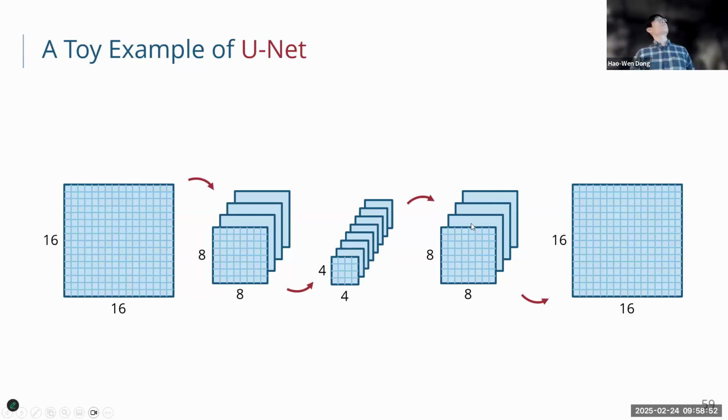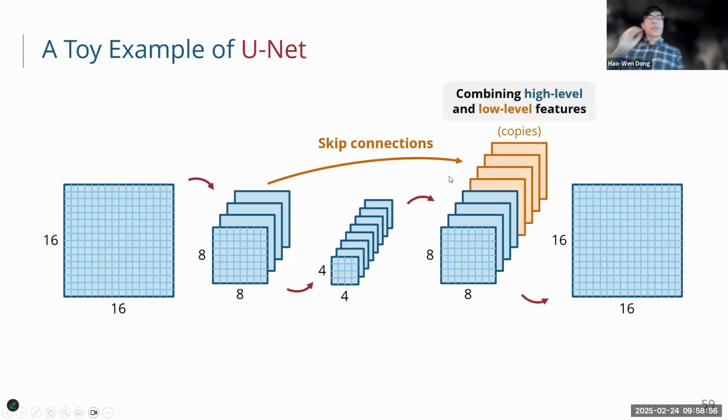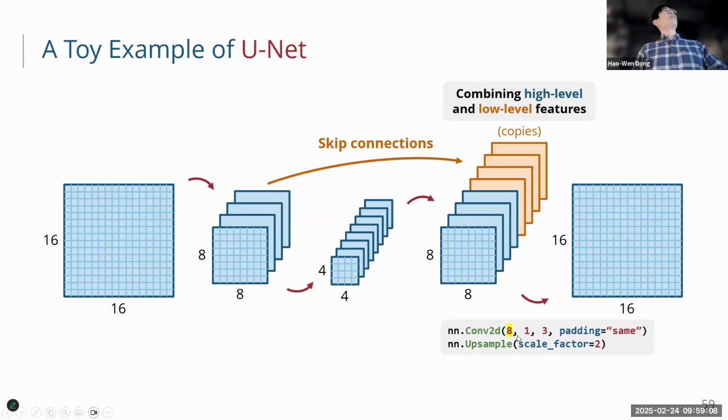The number of channels doesn't matter, but they have the same 8x8 shape. So in principle, you can copy these features over to here, so that when you are doing the final convolutional layer, you are using not only these features but also the features coming from the previous downsampling part as the input.